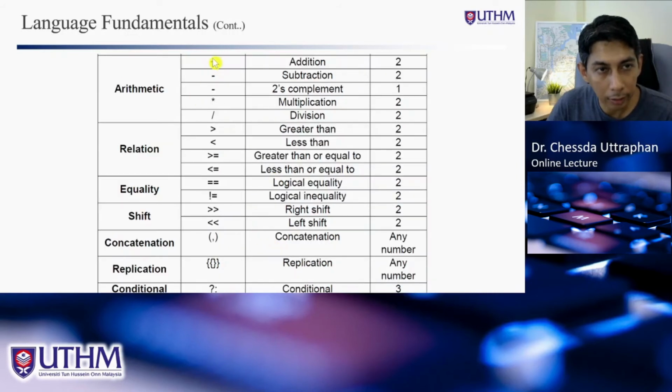Arithmetic. If we use plus, it means we add the numbers, and when we add numbers, we infer or create an adder for our design. When we use minus here, this is subtraction, so a subtractor. When you use a unary minus, this means second complement, and look at the number of operands: 1.